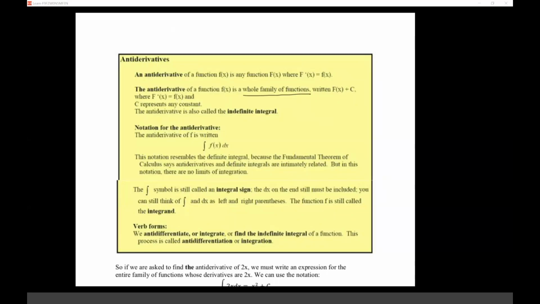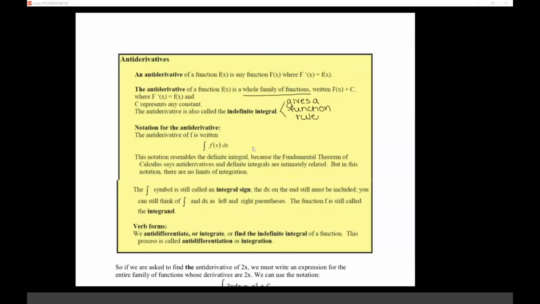All right. So we're calling the antiderivative an indefinite integral. This gives a function rule. Notice there are no upper and lower bounds on the integral sign, because we're not evaluating our antiderivative anywhere. We're just getting a function back.